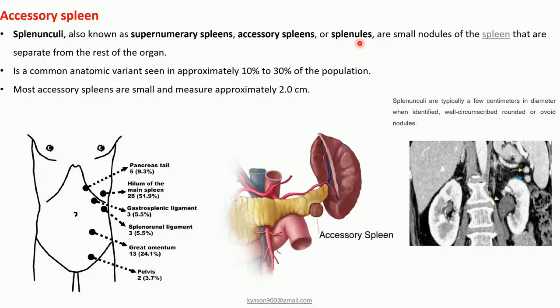So it's always important to identify these splenic tissues or nodules. These patients may not have symptoms, but it's always important to identify these splenic tissues because if there is any disease of the spleen, let's say cancer of the spleen, and it has to be removed, this cancer will not heal because there will be other splenic tissues in other parts of the body outside the normal anatomical position.